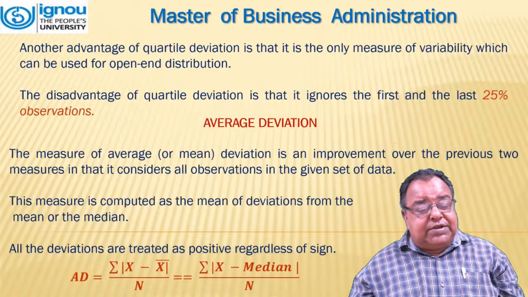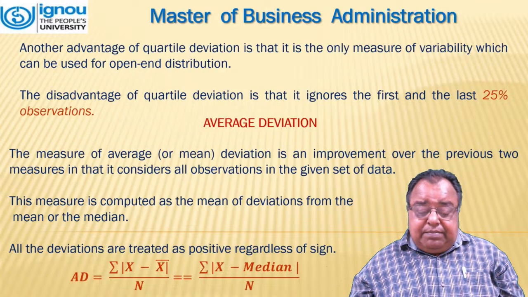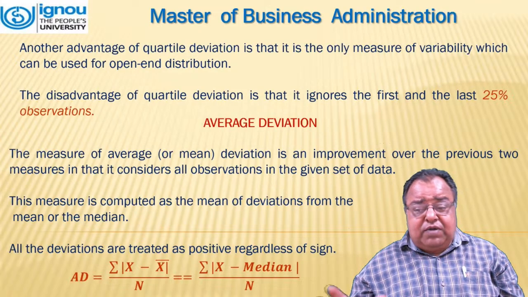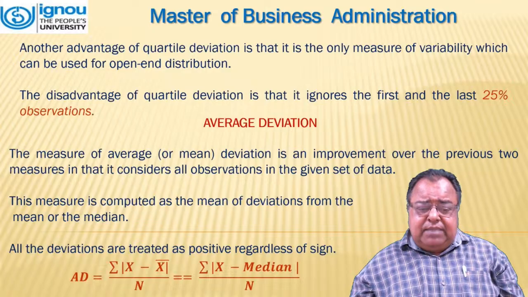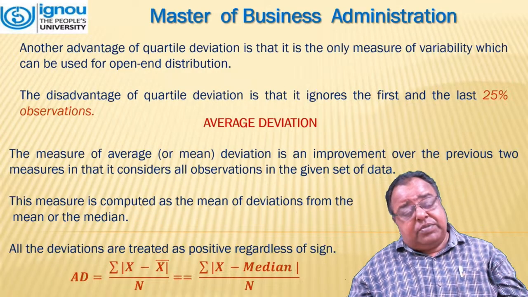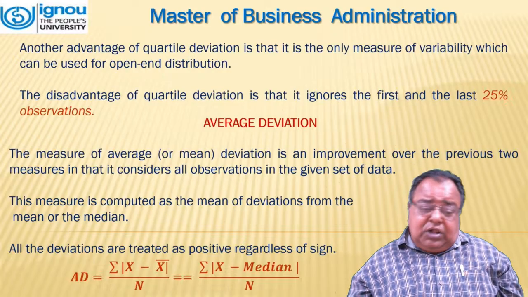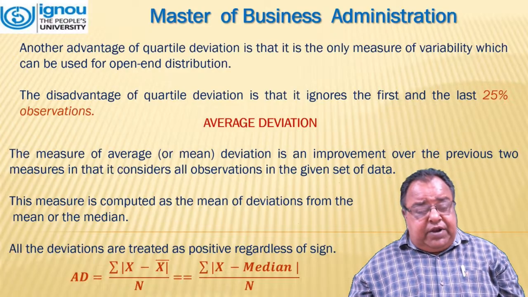Then comes average deviation. The measure of average deviation is an improvement over the previous two measures in that it considers all observations in the given set of data. This measure is computed as the mean of deviations from the mean or from the median. All the deviations are treated as positive regardless of the sign.